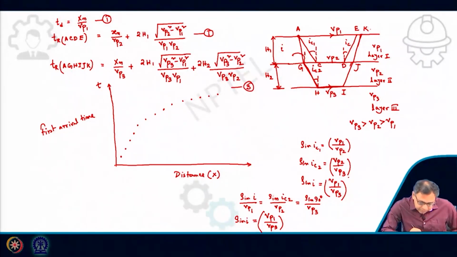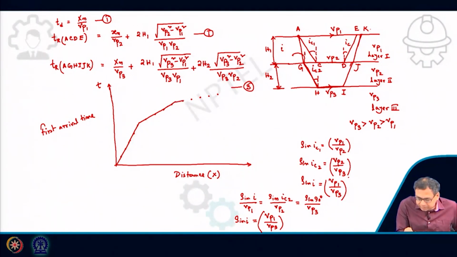So, now if I draw them, this is my first portion of the curve, this is the second, and this is the third portion of the curve. So, three changes of the slope.